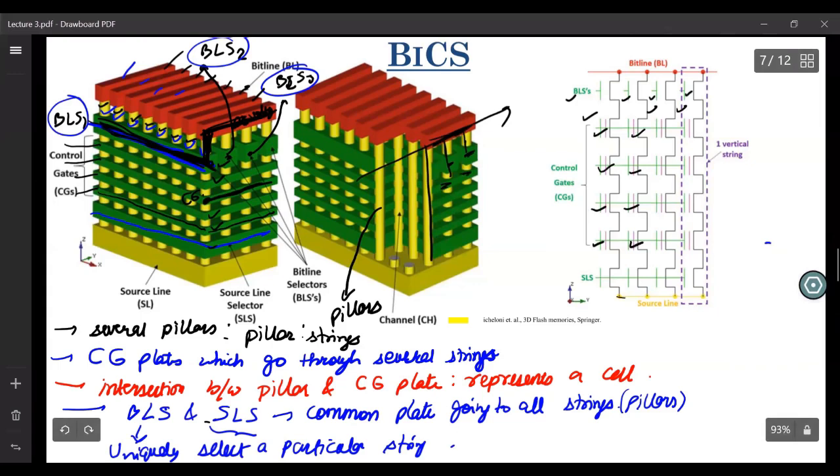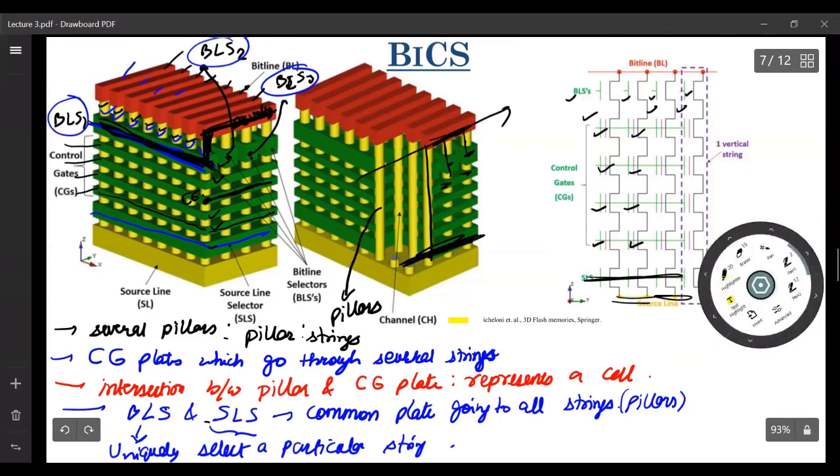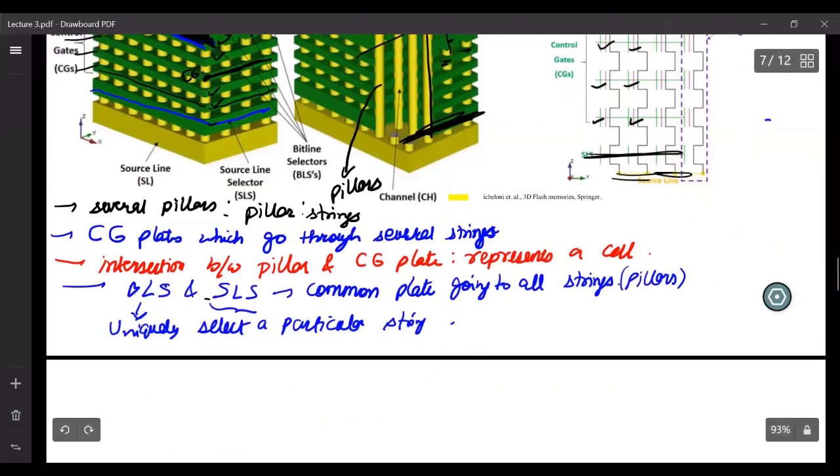Then you have a common source line. You have a common source select line as well, which is here. And then you have a common source line. So what is so special about this common source line? This common source line is made of N plus diffusion. You have this silicon substrate at the bottom.